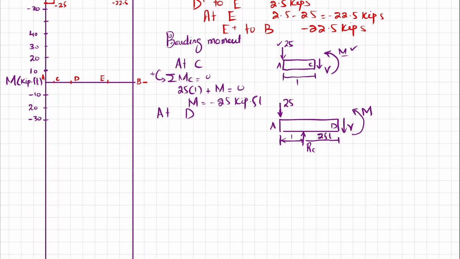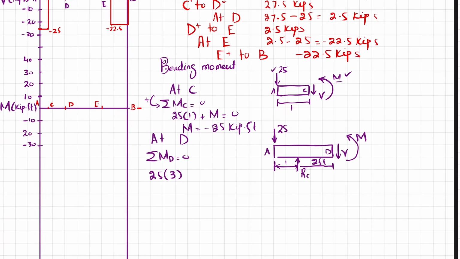Okay. So we'll apply the equilibrium condition. Sum of all moments about point D is equal to 0. So 25 into perpendicular distance 3, and you can see that this force is producing a counterclockwise moment at point D, so it will be positive. Now this RC, which is 52.5, is producing a clockwise moment about this point.